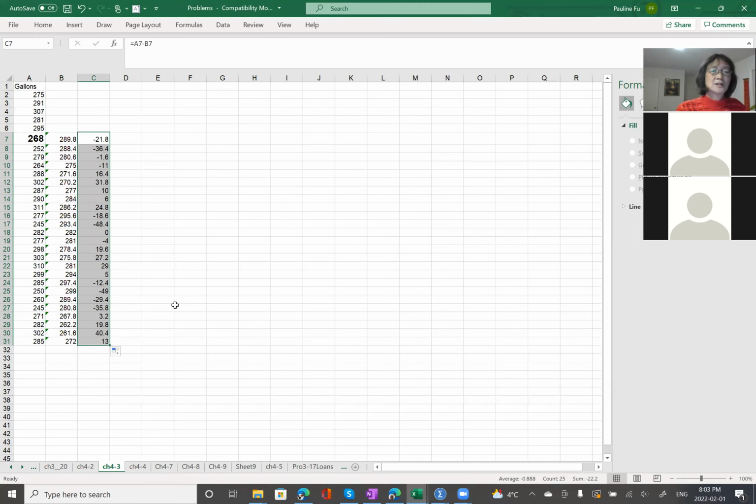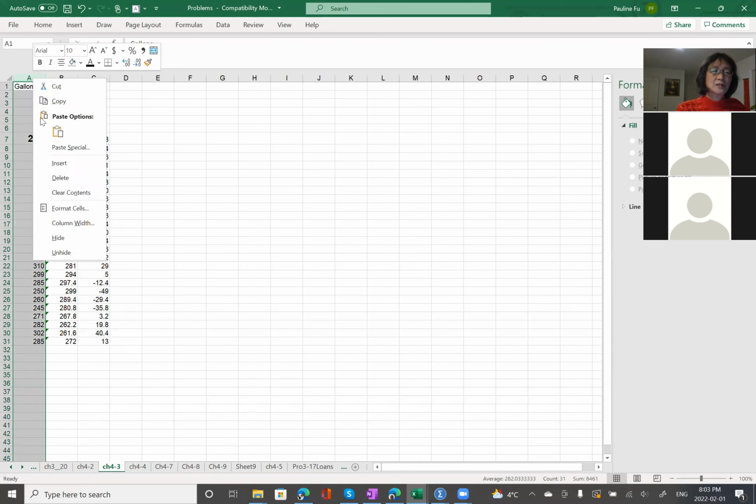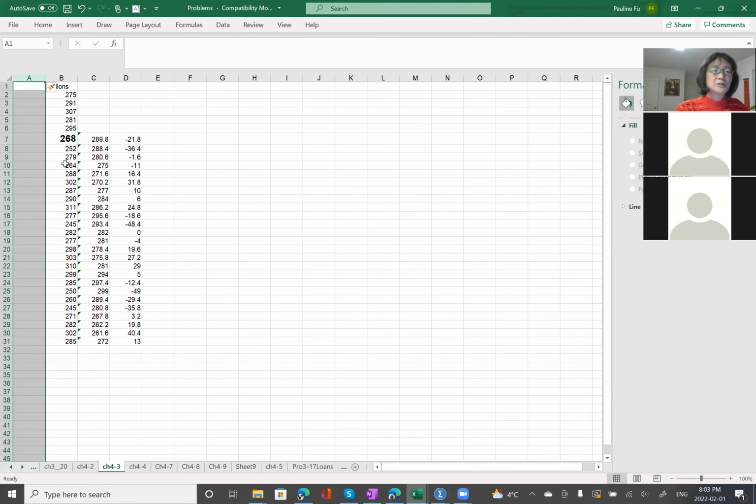That is the forecast. And if you want to create a graph, I'm going to insert the weeks. Suppose this is not necessarily the week, maybe this is the time. I just say this is T or time.